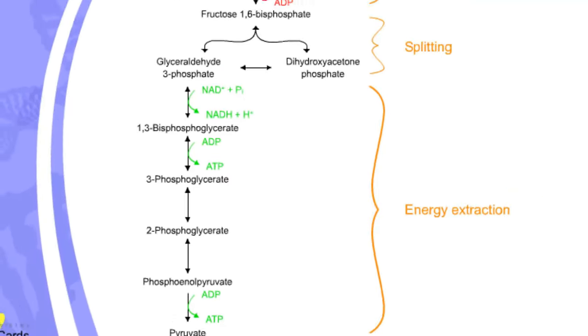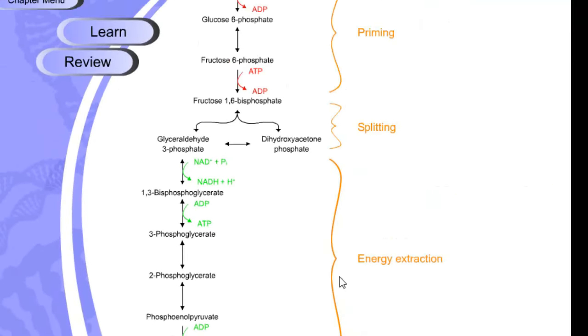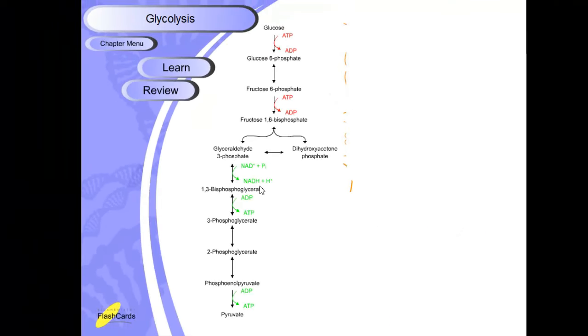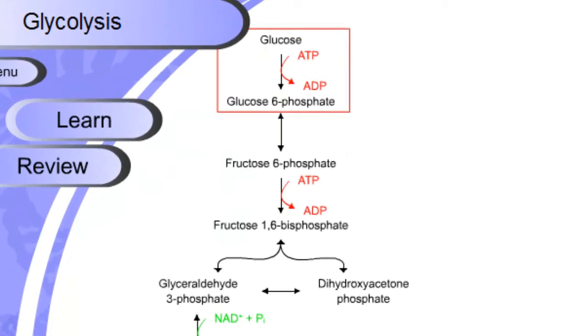So the first step of priming consumes 2 ATP, while the energy extraction steps provide us 2 ATP and NADH. Now let's look at each of the processes in much more detail.